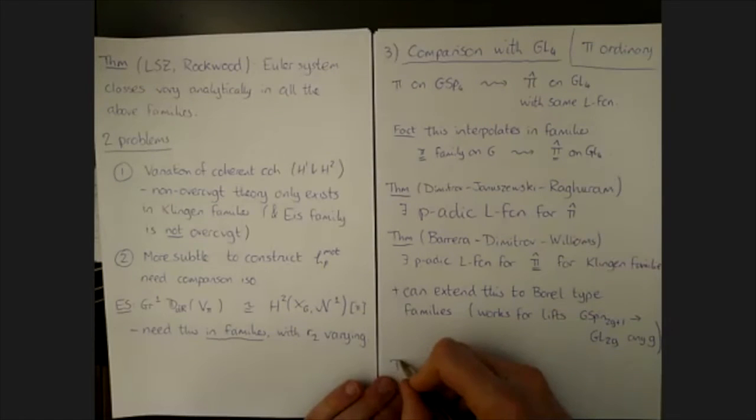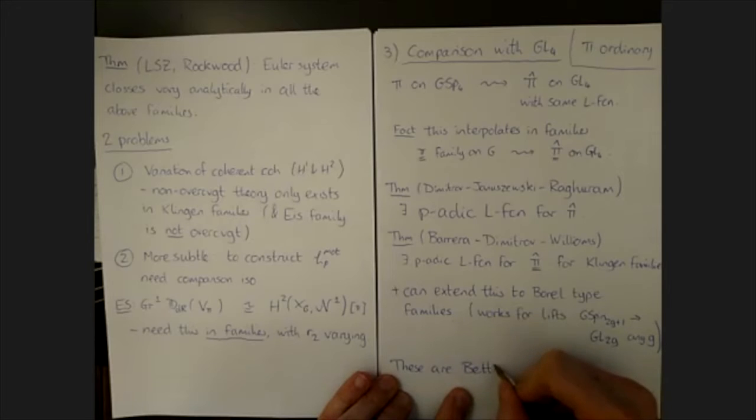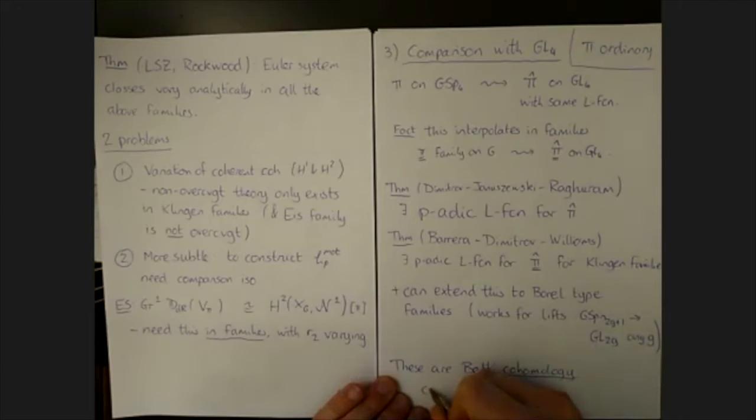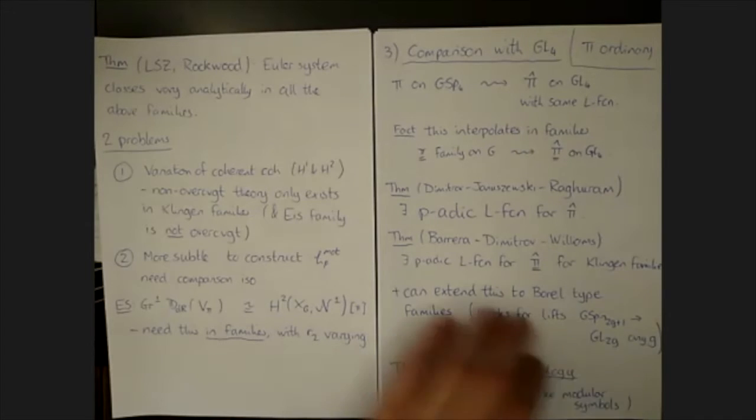So these constructions are essentially Betti cohomology constructions. They're in some sense like modular symbols, which is the GL2 case.